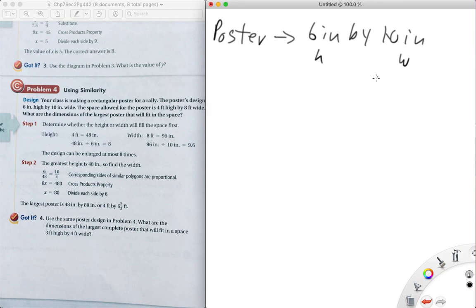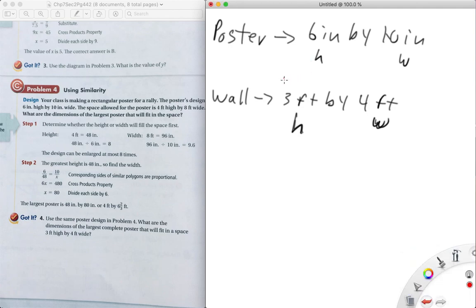All right. We also want to fill up a wall that's 3 feet high by 4 feet wide. First things first is we got to put these guys in the same units.